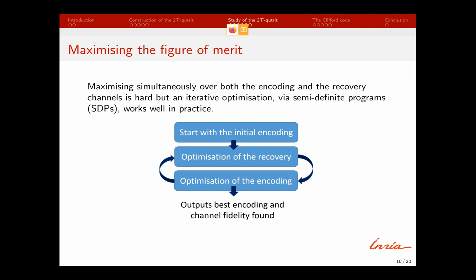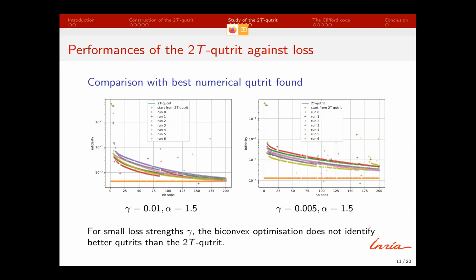And so we use that to compare the performance of our code to what you could obtain by performing an optimization of the entanglement fidelity onto the Hilbert space defined by the constellation with the 24 coherent states.